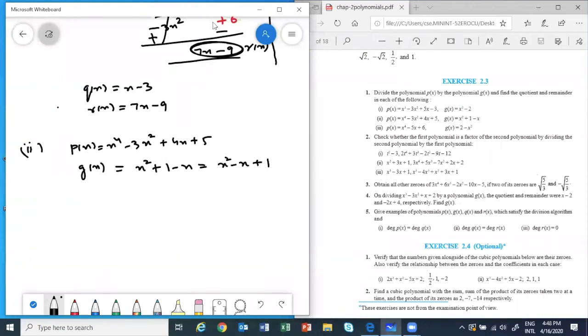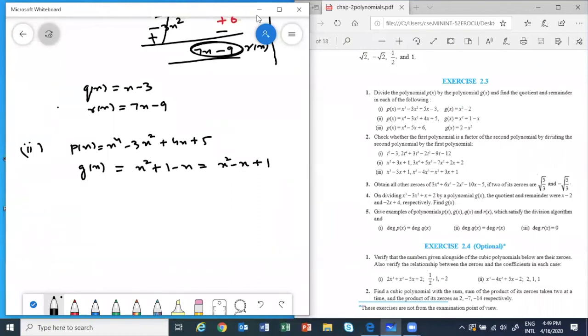Anybody finished? Remainder 8. And quotient is x square plus x.